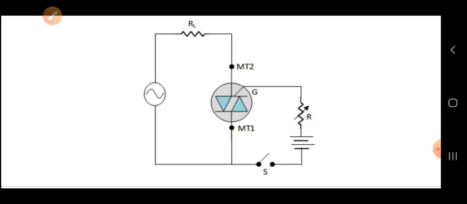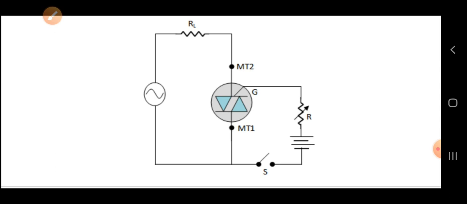If you consider that you are not applying a gate signal, initially it was not conducting, but it can conduct when the AC supply crosses the breakover voltage of the TRIAC. Breakover voltage, as I said in the previous class, is the minimum voltage required to break down the junctions of the thyristor.